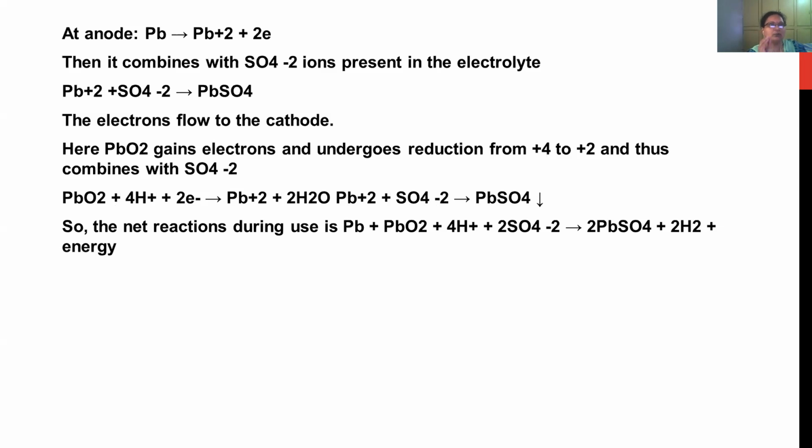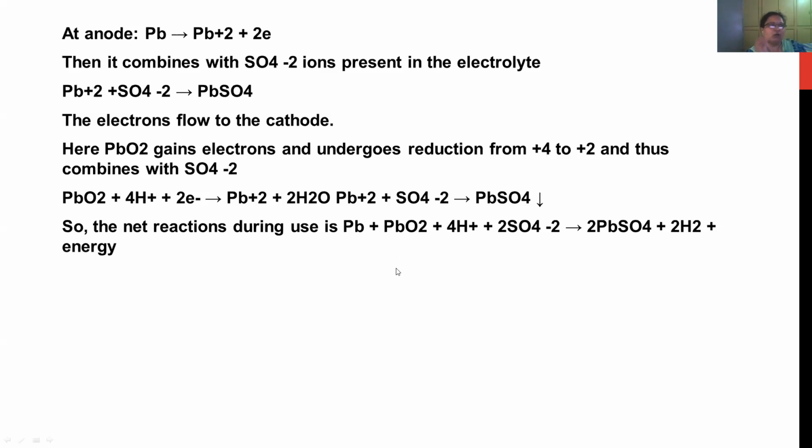The product formed is the same. Then the overall discharging reaction is the sum of the anodic and cathodic reactions: Pb + PbO2 + 4H+ + 2SO4 2- giving 2PbSO4 + 2H2O. This is the overall reaction during discharging.